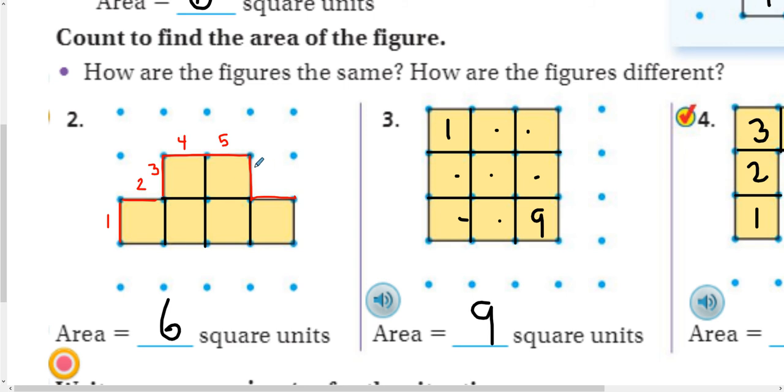Got to make sure we count 6 and 7, 8, and then 9, 10, 11, 12. So even though the area is just 6, by the way that the shape is created, we end up with a perimeter that's actually more.